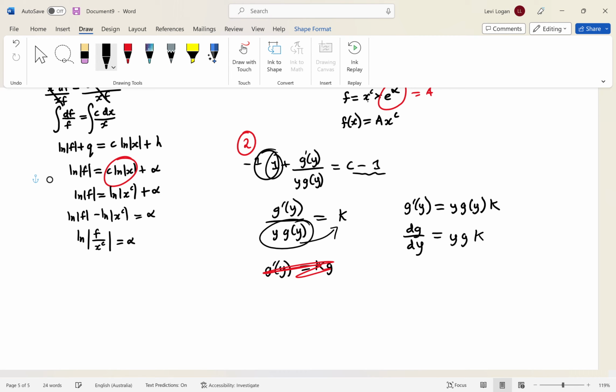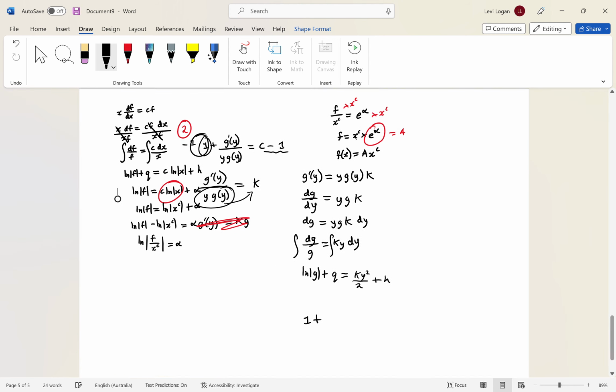All I'm going to do is multiply both sides by dy, so I'm going to have dg equals y g k dy, and divide both sides by g, so I'm going to have dg over g equals k y dy. Integrate both sides, natural log of g plus some constant q equals k y squared over 2 plus some constant h.